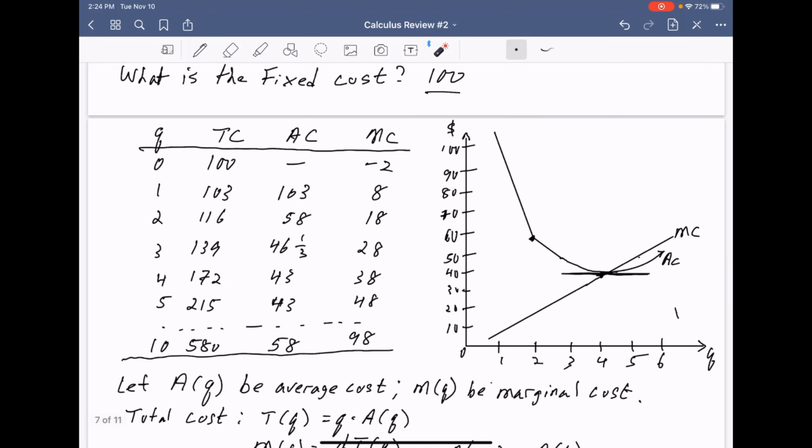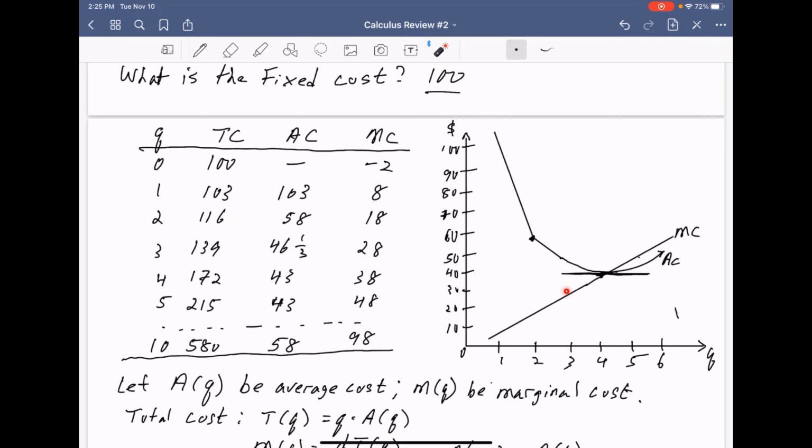You see that at 1, Q1 is 103, that's approximately there. At 2, this is the 103 on there. It's 58, which is about here, and so on, and we can just plot that average cost curve, and it hits around 4 or 5 and then begins to rise.